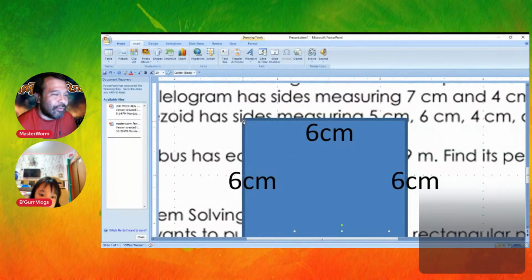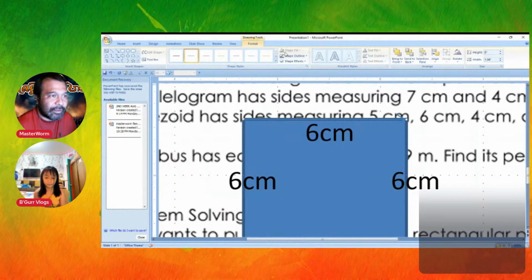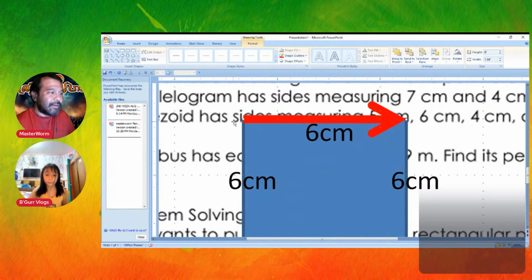Okay, let me make a drawing here. It means from here to here. This is what we mean here, baby. From here to here, you see the arrow? Yes, Daddy. That is 6 centimeters. That is what it means when you say the measurement, from one point to the other point, that's 6 centimeters.